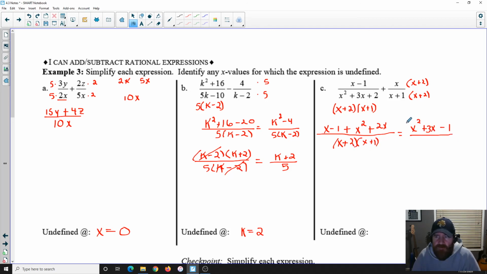So we look here first. Can this be factored out? The answer is no. So we're just going to go ahead and write the bottom. We're going to multiply that back out. So x squared plus 3x plus 2. And this is our answer here, simplified. And it's undefined at these two values from our common denominator. So undefined at x equals negative 2, and x equals negative 1.